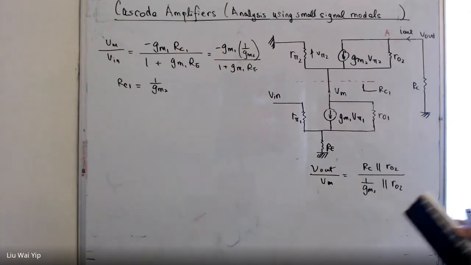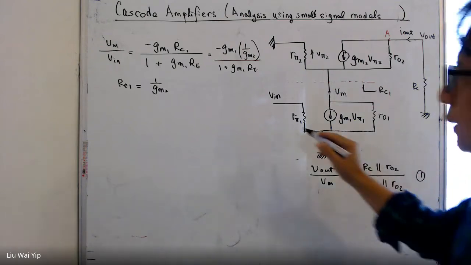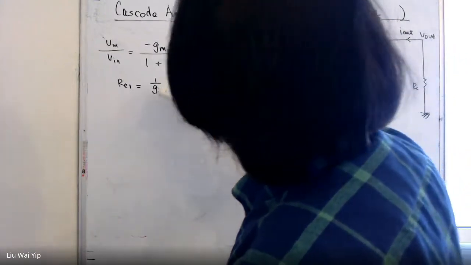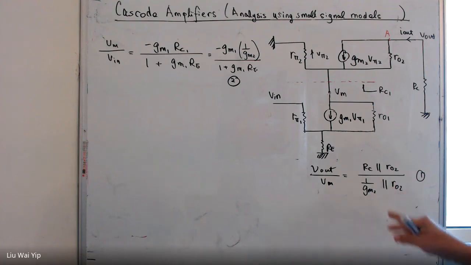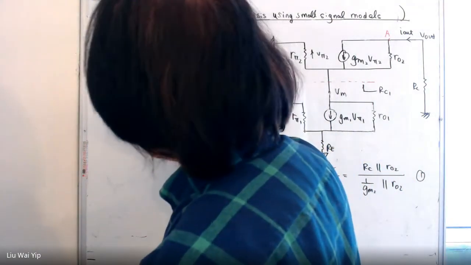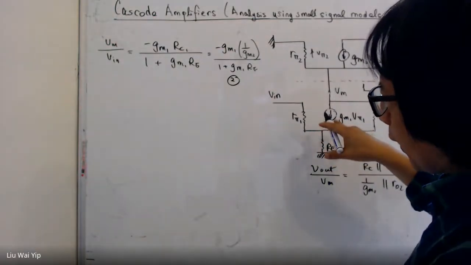So we just do this step by step and say we label this as equation 1, and this one is equation 2. And based on the results from equations 1 and 2, we can quickly know the voltage gain of this cascode amplifier.